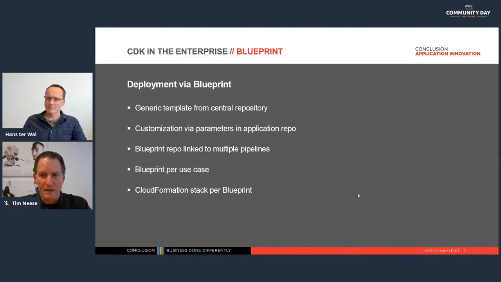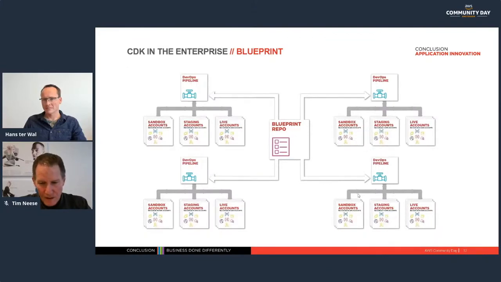We've developed a blueprint per use case, and we deploy a CloudFormation stack per blueprint. We chose this approach instead of stack sets to give DevOps teams more control over the versions and updates of resources. And that gives us then a central repository linked to hundreds of pipelines.